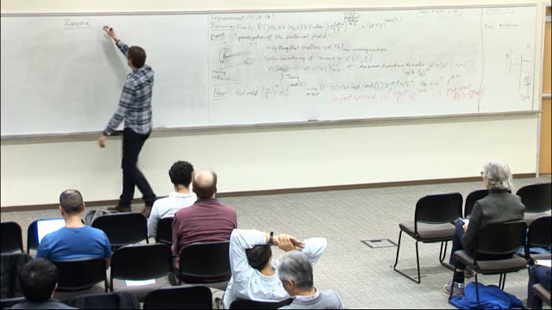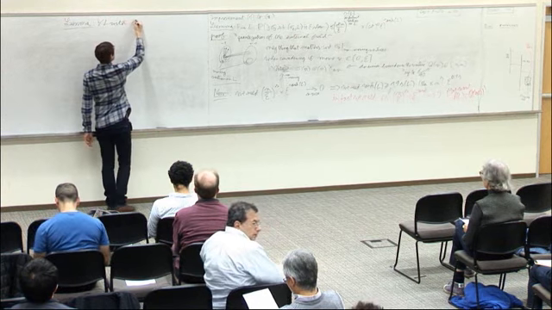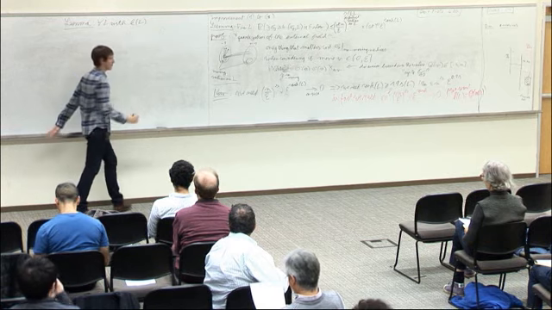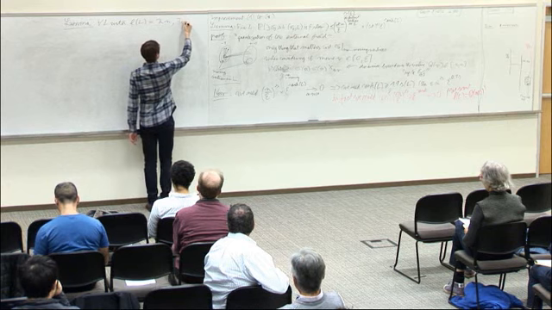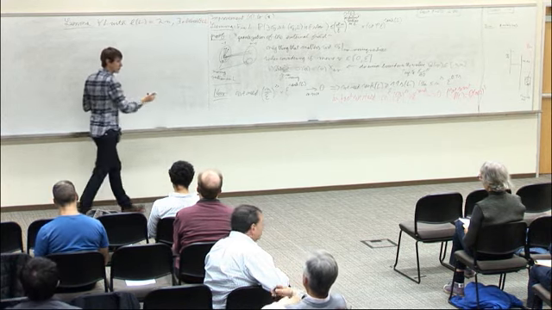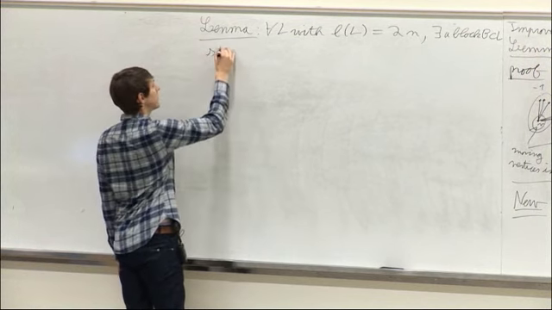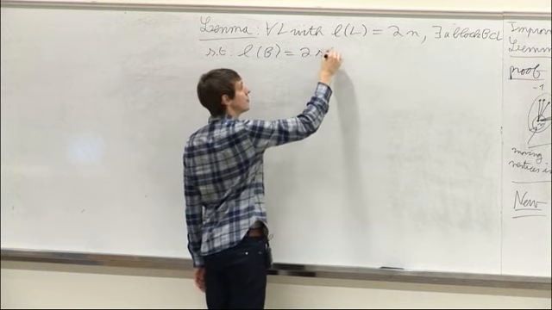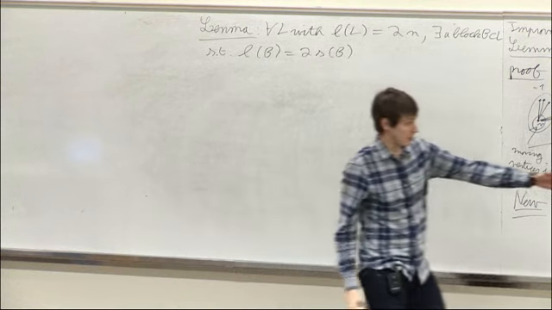For any L, with the length of L, I mean the length of the sequence, being 2n, there exists a block B included in L. That's a continuous sub-block of the sequence L, such that the length of this block is exactly twice the number of distinct vertices in that block, which is one of the things that we wanted.